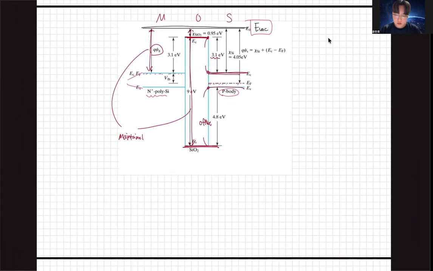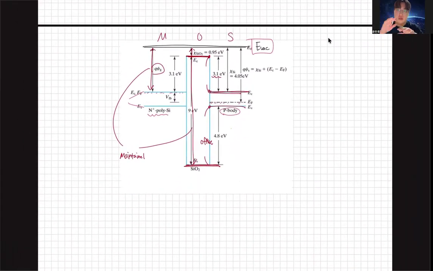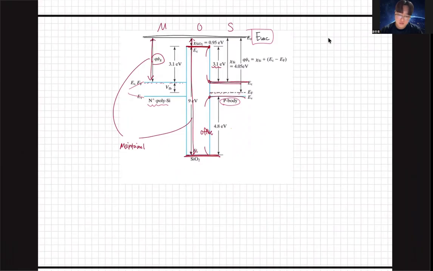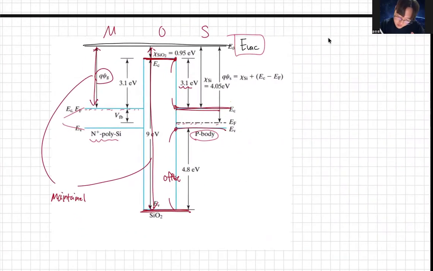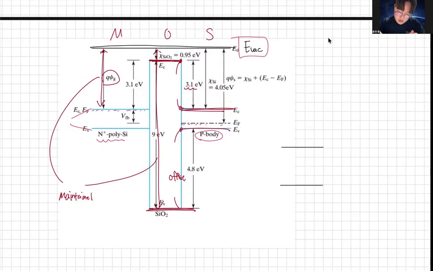So let's draw the MOS band diagram in the thermal equilibrium situation. First we will use the polysilicon, and the oxide diagram like this.